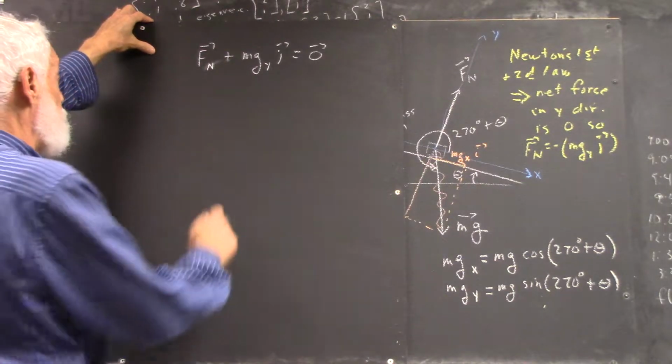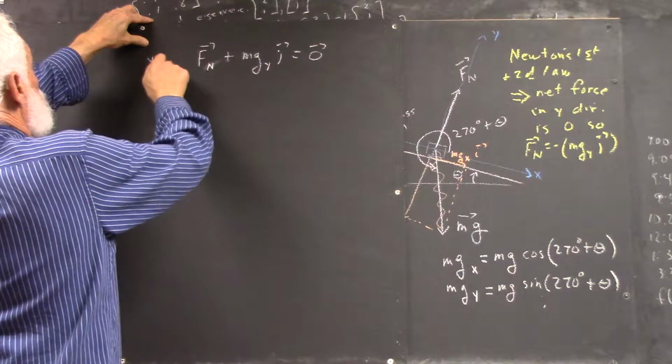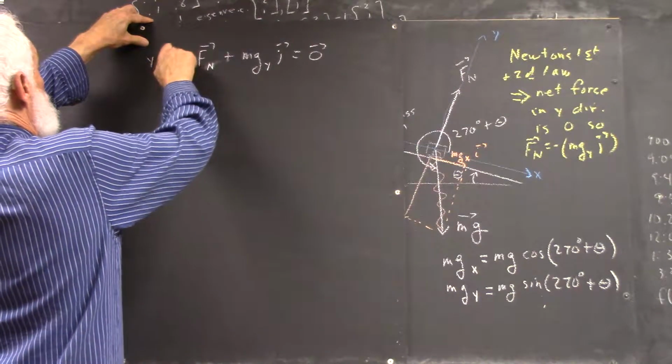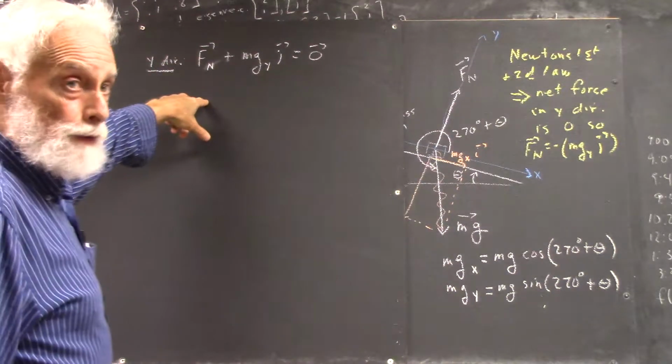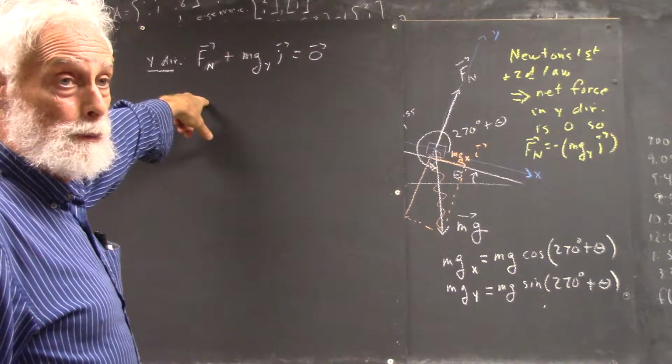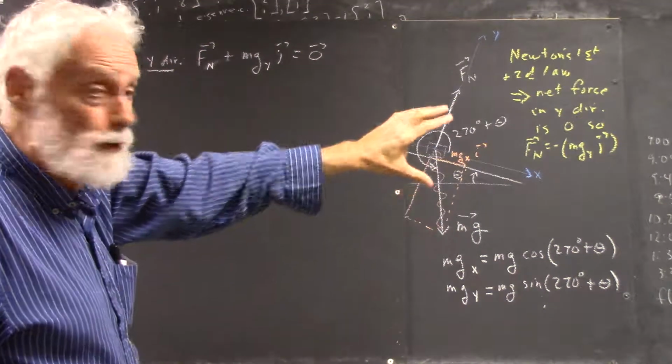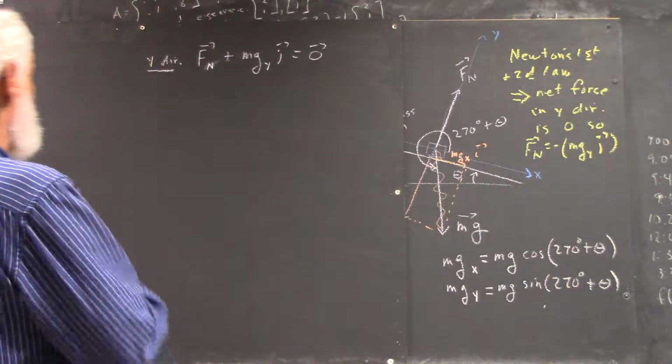In the x direction, so these are the y forces. Now this is assuming there's no friction, and we'll deal with the case of friction once we're sure everybody's got this. Okay?